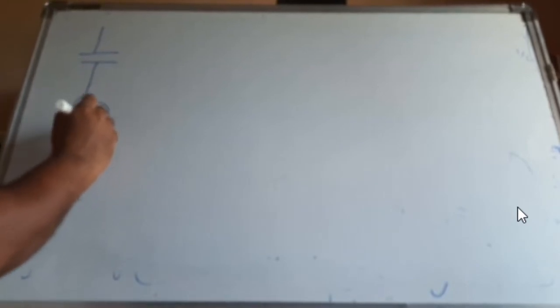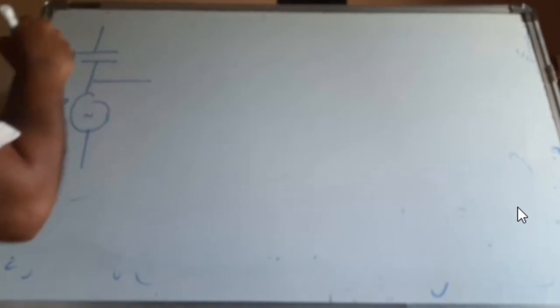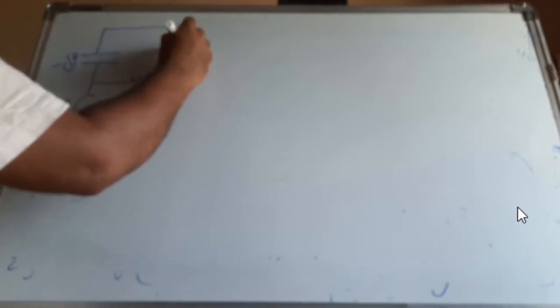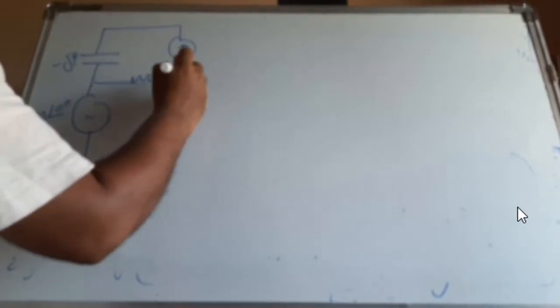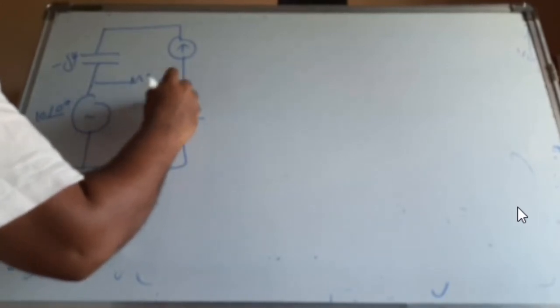Okay, now listen to me. The voltage source is 10, this is minus j4, and here there is a resistance. Here is a current source, and here I have a resistance of 8 ohms.